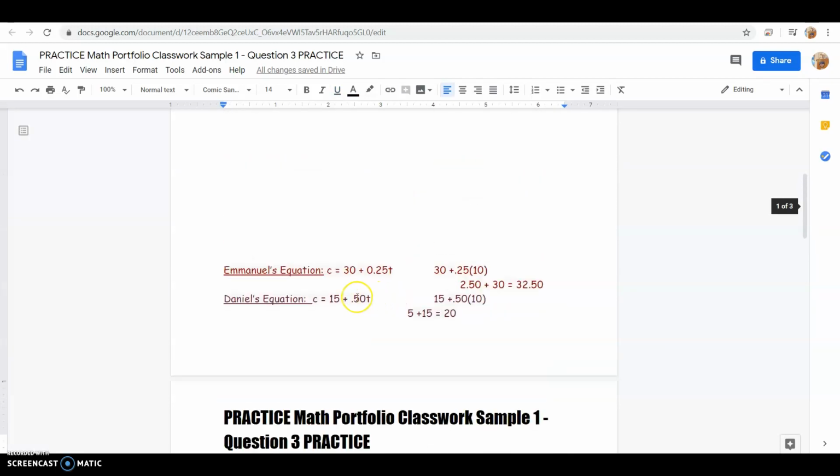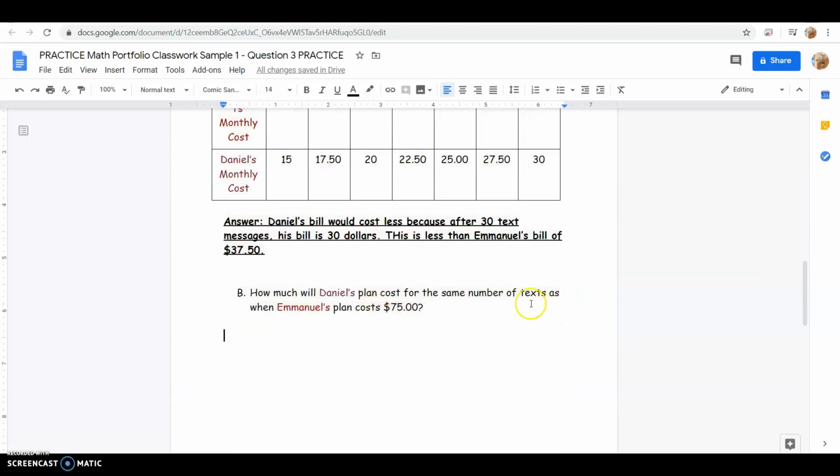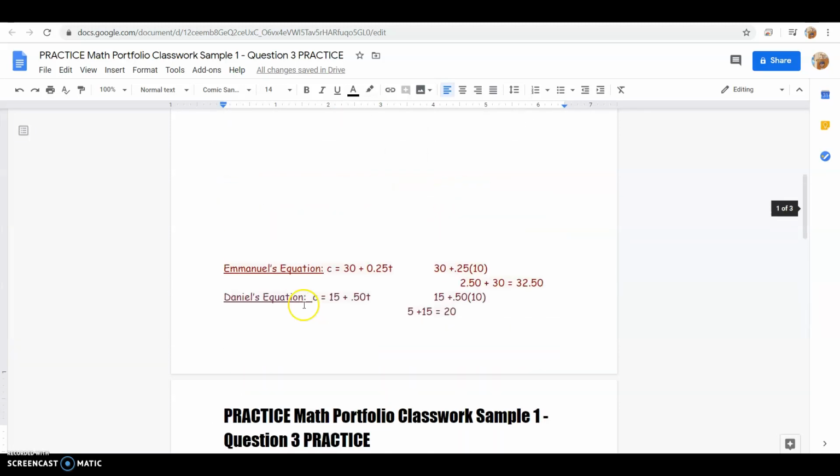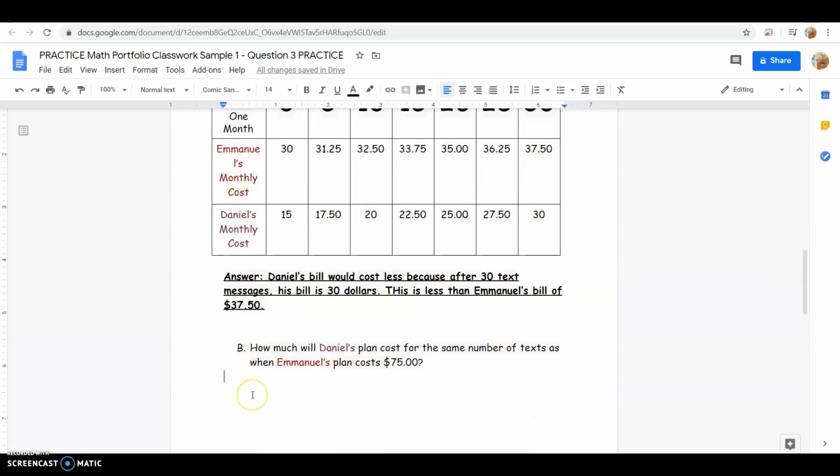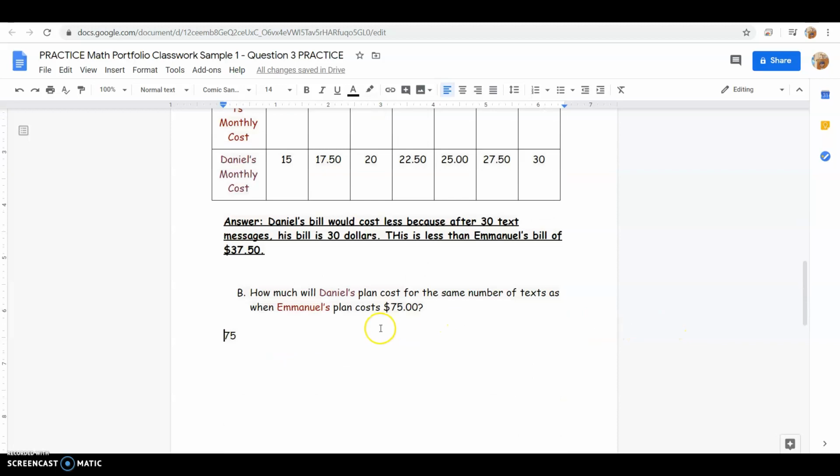So we can replace variables with numbers when we know what the number is. So we have Emmanuel's total cost, or the plan, it's $75. So now when you rewrite Emmanuel's equation for letter B, you don't need to write C. You write 75, and here's why. 75 is the cost that Emmanuel's plan will be.